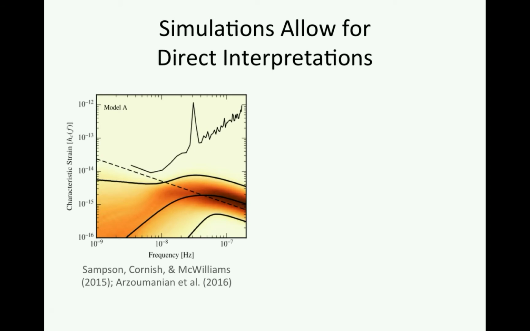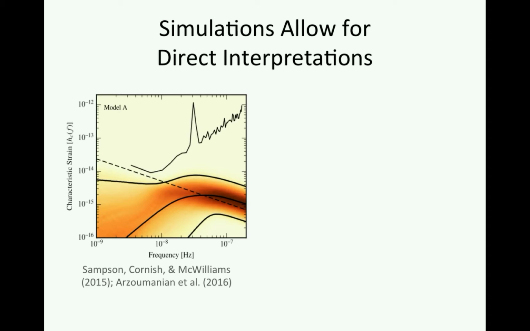In the orange and inside the three thicker solid lines, you're seeing a prediction for the gravitational wave background amplitude at higher frequencies applied to a generic turnover model.